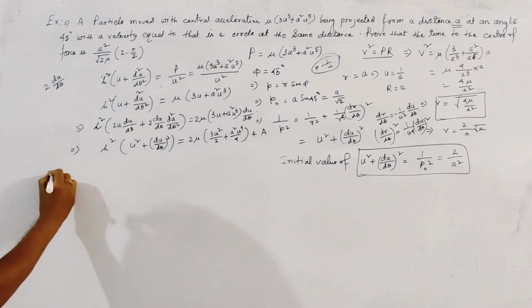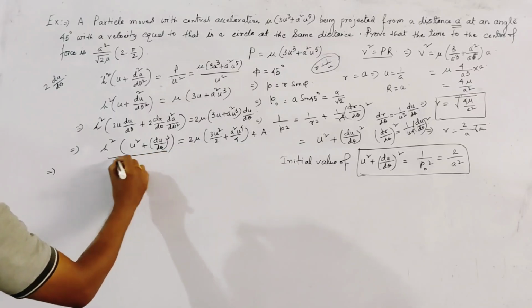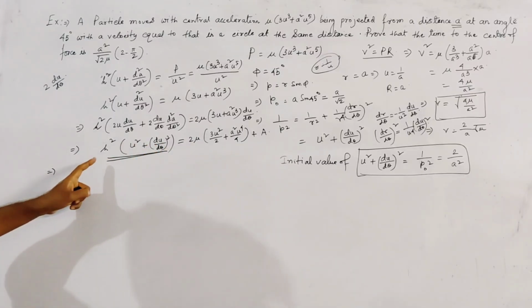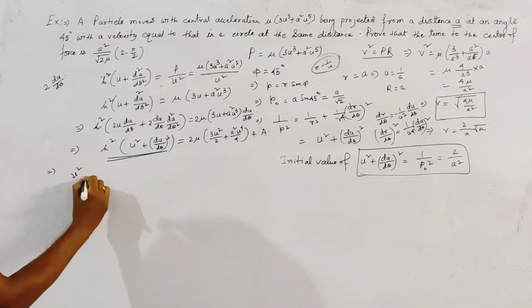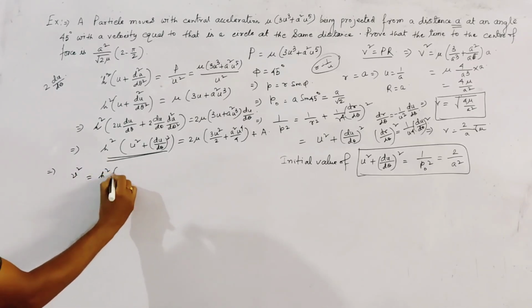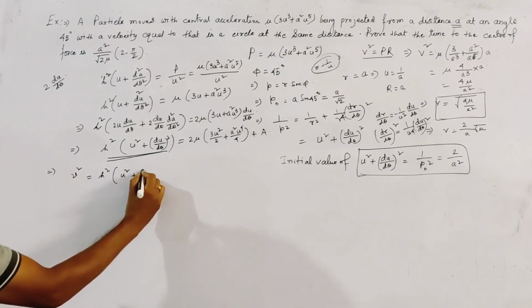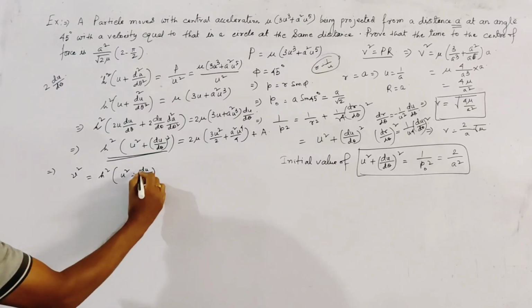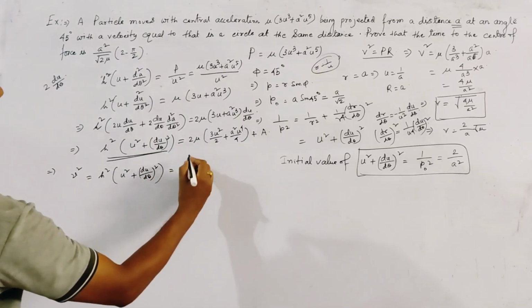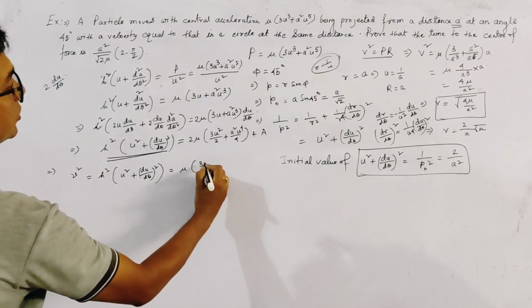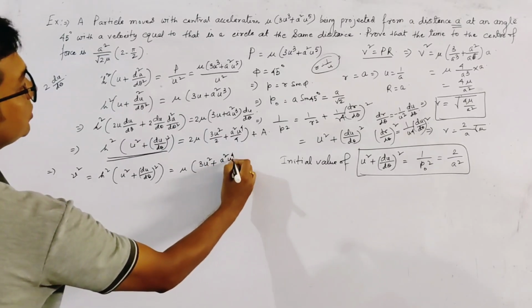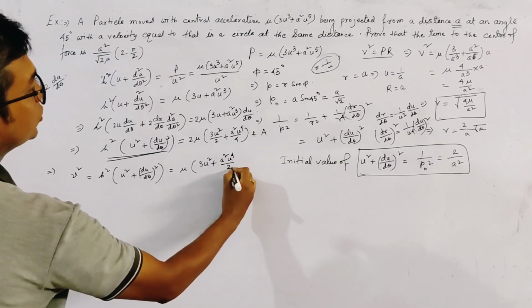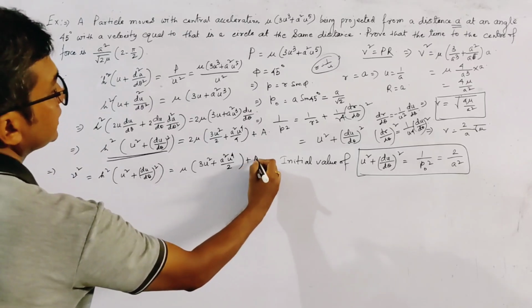And we know that in central orbit this is the expression of velocity, so we get v square equal to h square into (u square plus (du d theta) whole square). This is given by mu into (3u square plus a square u to the power 4 by 2) plus a.